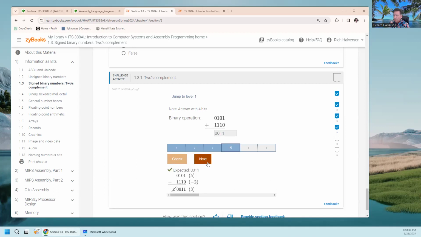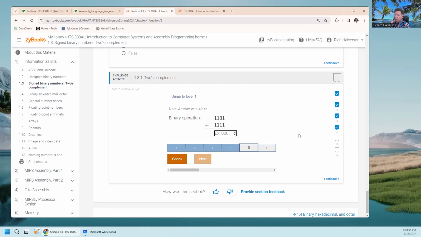Okay, so what's the answer here? Well, 1111 is like minus 1.